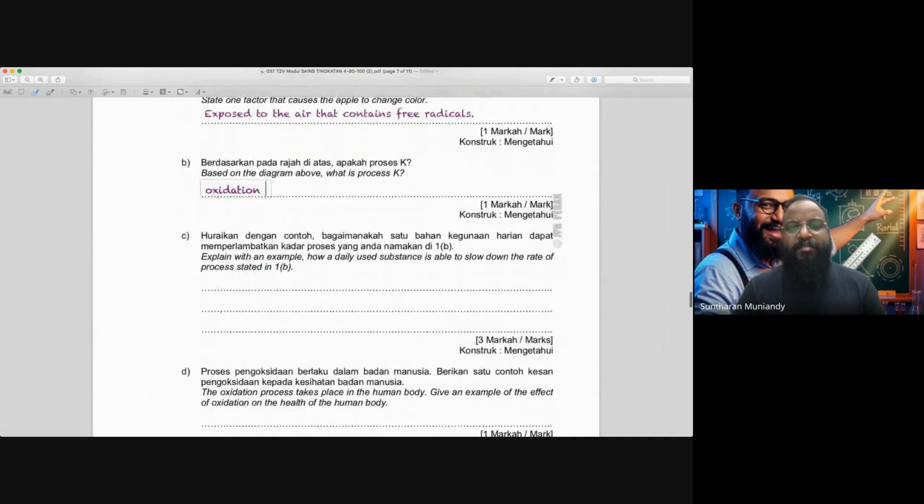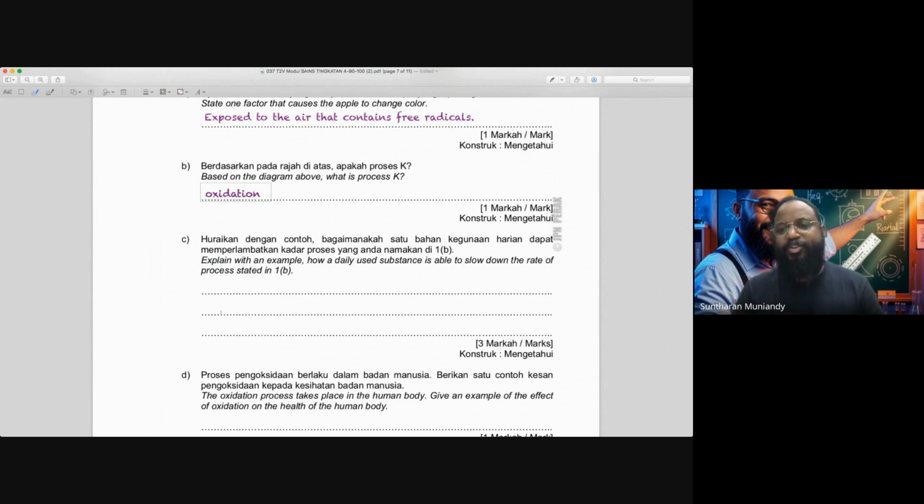Explain with an example how a daily used substance is able to slow down the rate of the process stated in 1B. So there are two parts to the question, ya. One is to explain with an example.